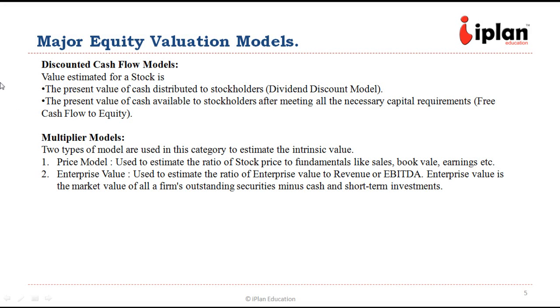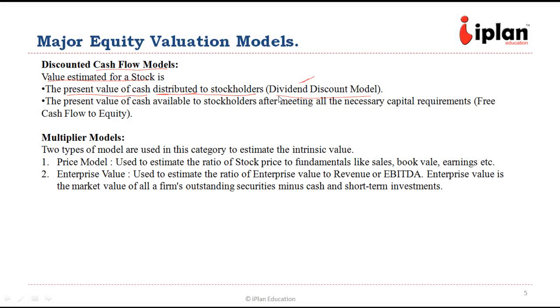The most commonly used models are discounted cash flow models, where the future cash flows from the equity are estimated and then discounted to present value. There could be two models. First is where we are calculating the present value of cash distributed to stockholders, for example, the dividend discount model.